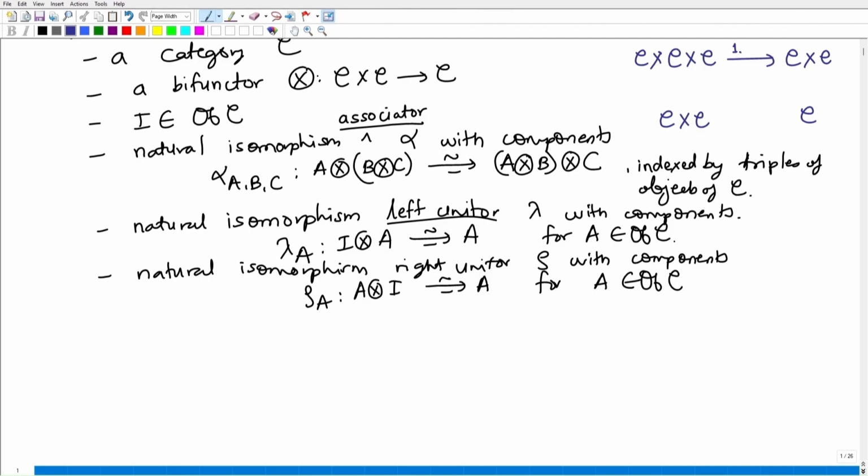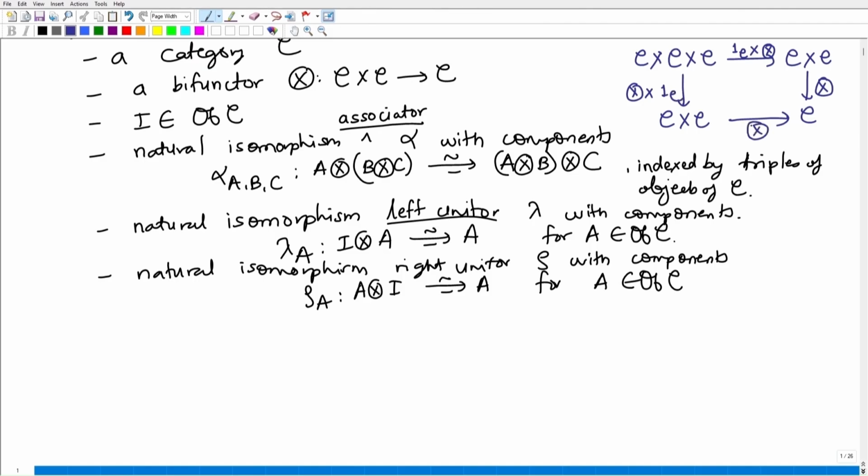Identity. Well, let me just write this, tensor, and this is tensor. And the other one is tensor times identity, and then tensor.